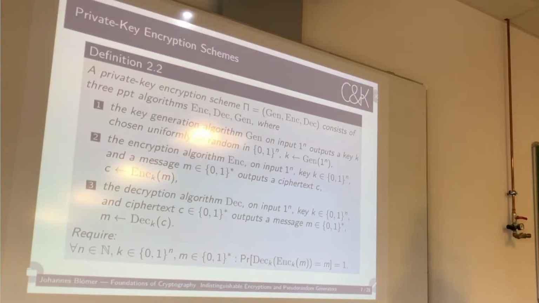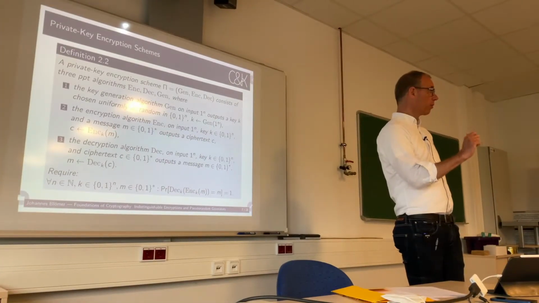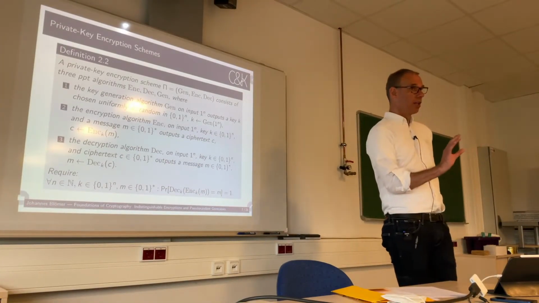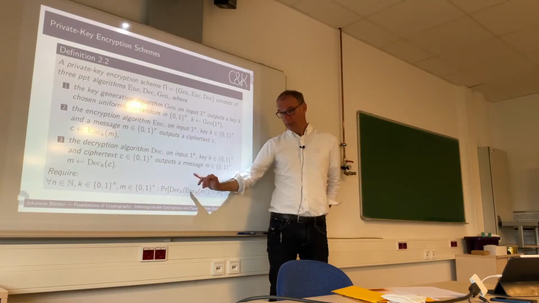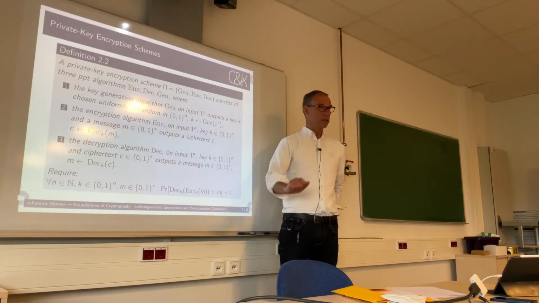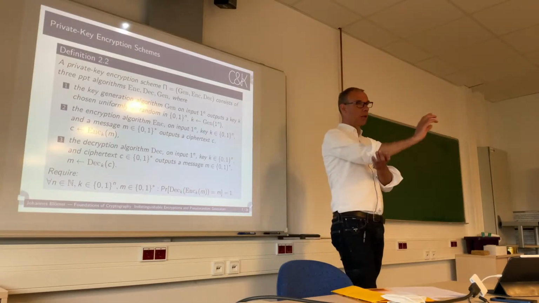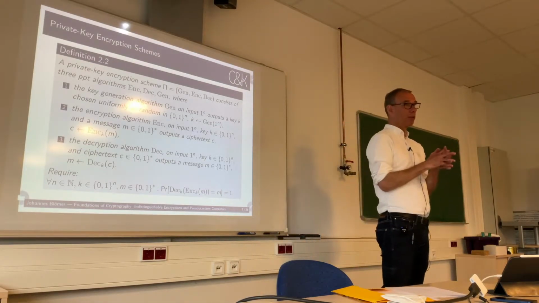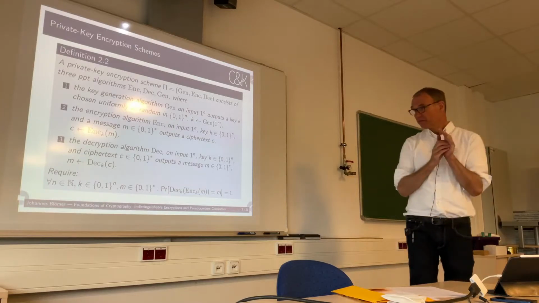So no matter what the internal coin tosses of the encryption and decryption are, first encrypting with key k, then decrypting with key k gives us back the message. Always. We always talk about finite probability spaces, so probability 1 really means always.